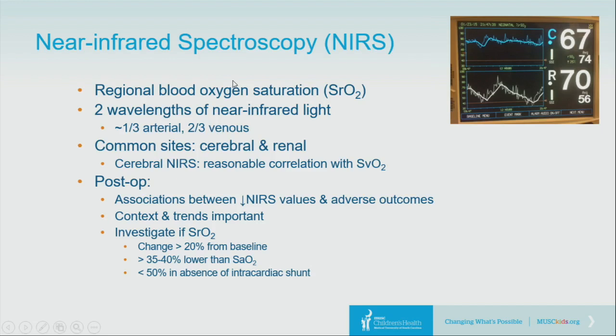In the postoperative period, studies have been published recently showing associations between declining NIRS values and adverse outcomes. The general rules of thumb would be to investigate or reassess the patient if the regional oxygen saturation levels have changed more than 20% from baseline, if the values are more than 40% lower than your arterial oxygen saturation levels, or if the absolute values are less than 50% in the absence of residual intracardiac shunting.